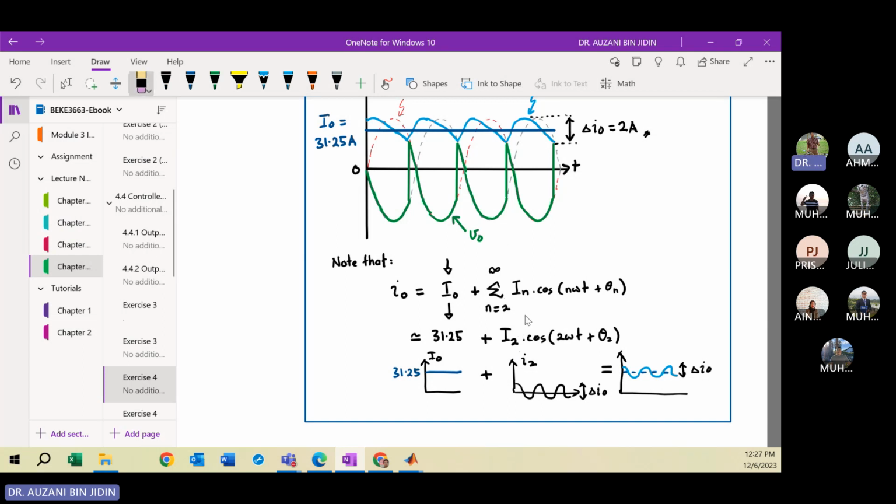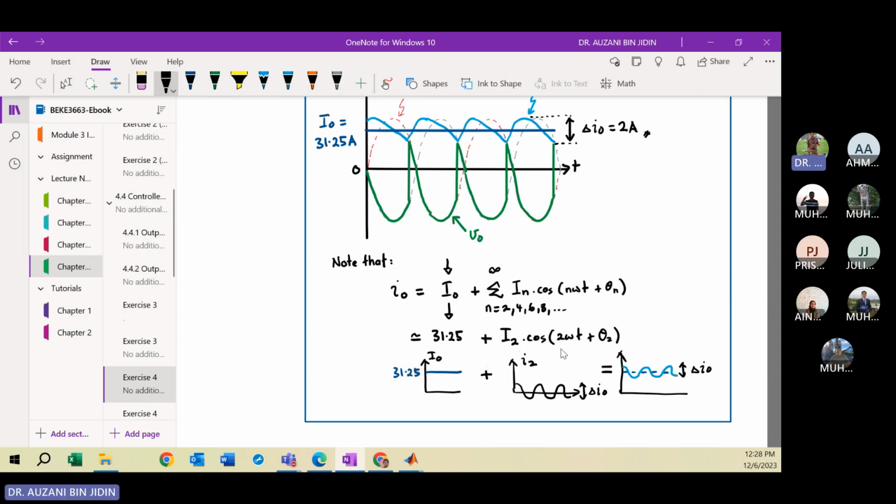Actually in this equation, N is equal to 2, 4, 6, 8, and so on until infinity. To simplify the analysis, we just consider the first term, I2. I4, I6, I8 are ignored because the current amplitudes are too small.